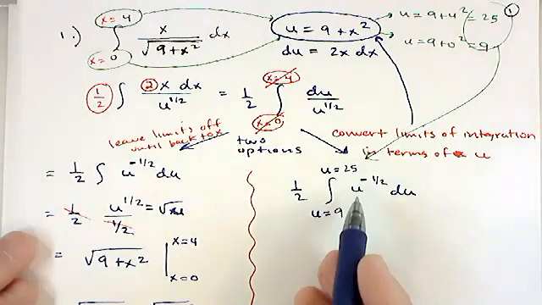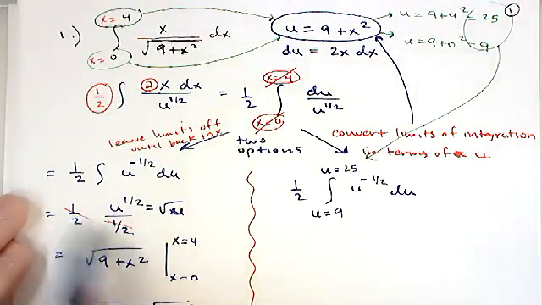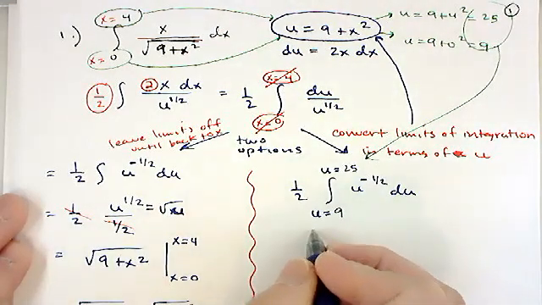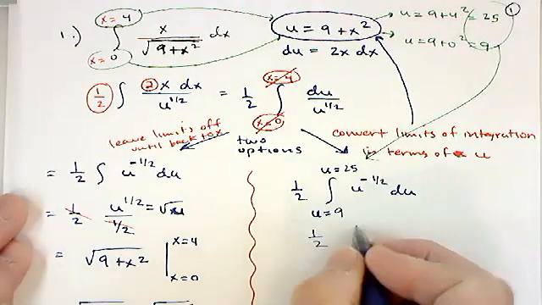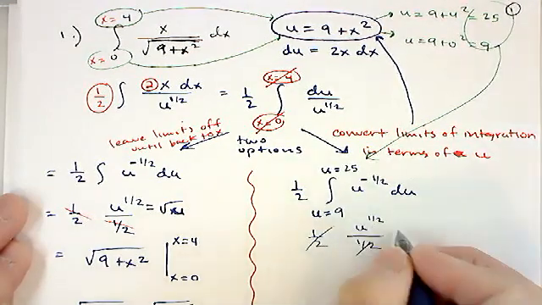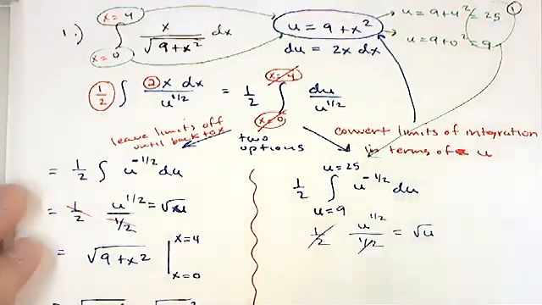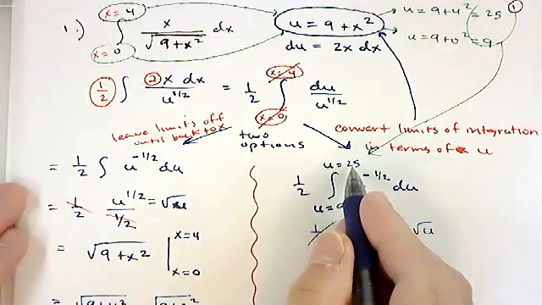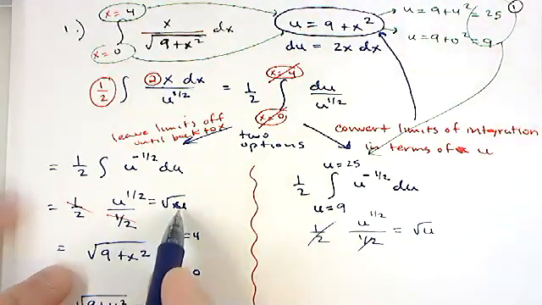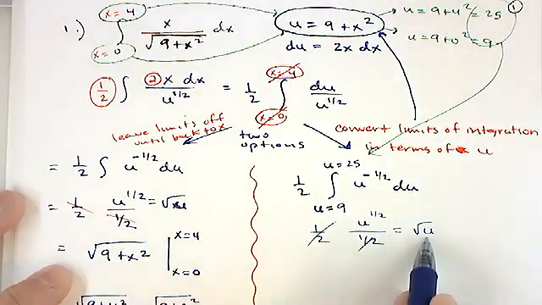And look what happens. So now when I find my antiderivative, we've already done it here. It's going to end up being the square root of u, right? So I'll just do it again. So it's 1/2 u to the positive 1/2 over 1/2. Those cancel out. So I end up with just u to the 1/2, which is root u. Here's the one advantage of doing that. If you convert your limits in terms of u, what we normally do is switch back to x, but we don't need to.